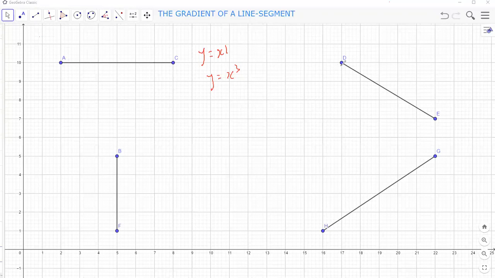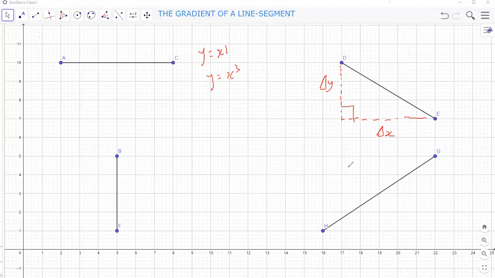So if I were to draw a right angle triangle from this line here, then the gradient, if you think about it, I said it's change in one variable and another. So there is a change here in y, and there is a change here in x.